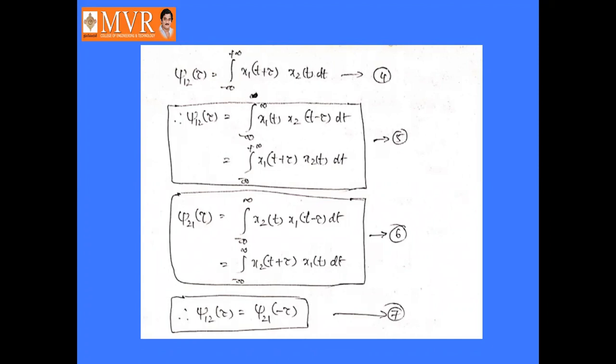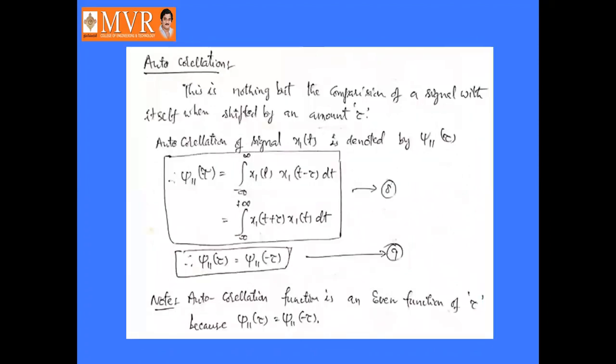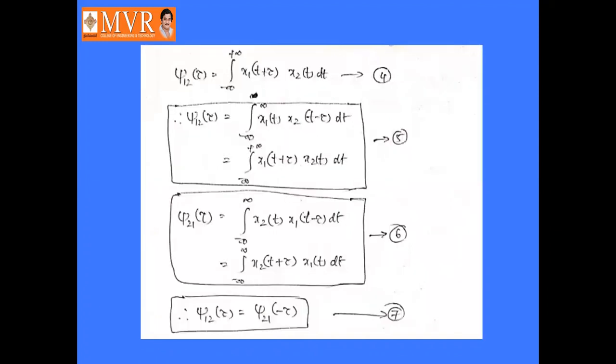Or we can write as a whole J12 of tau is equal to integral minus infinity to infinity x1 of t into x2 of t minus tau dt, or integral minus infinity to infinity x1 of t plus tau into x2 of t dt. Here x2 of t is shifted by tau units towards the right side. Here x1 of t is shifted by tau units towards the left side. So that's why we can write in either manner, right? The cross correlation function J12 of tau can be represented in either of these two manners. That is equation number 5.